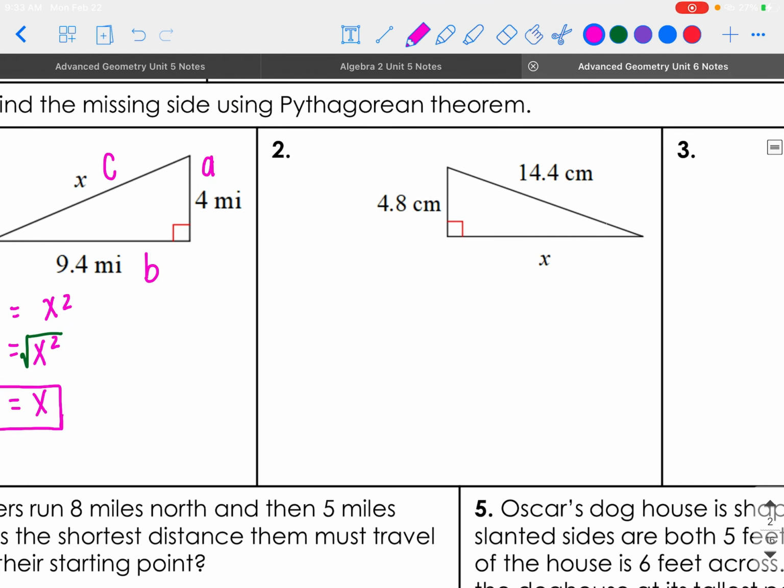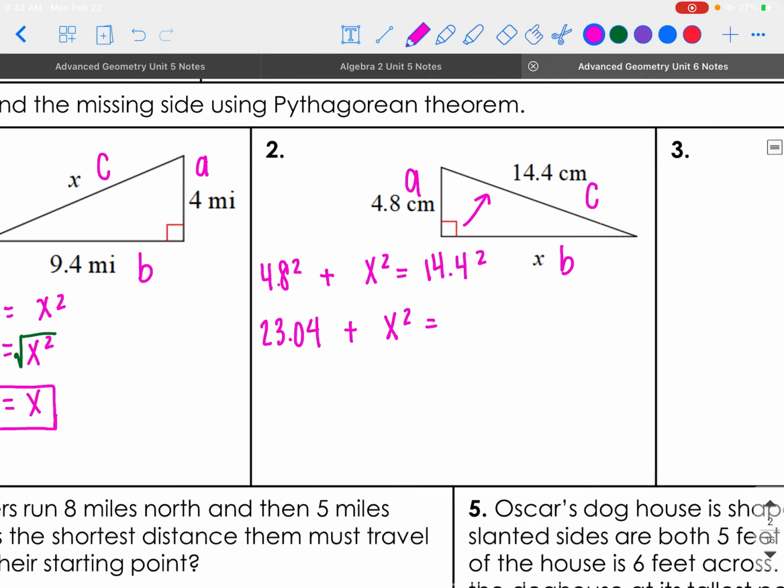Number 2. The 14.4 is my C because that's the one across from the right angle. The other 2, it doesn't matter. So 4.8 squared plus x squared equals 14.4 squared. 4.8 squared is 23.04 plus x squared equals 207.36.